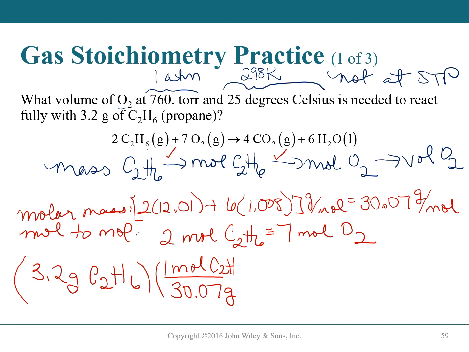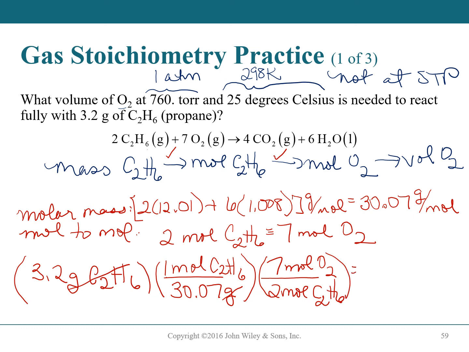That'll convert this into moles, and then my mole to mole ratio, which we said 7 moles of oxygen for every 2 moles of ethane. And that's going to be equal to 3.2 divided by 30.07 times 7 divided by 2.